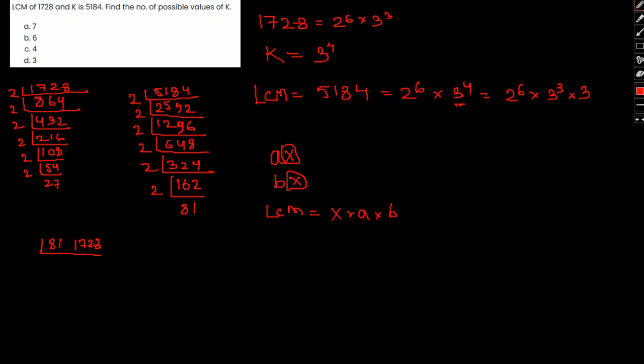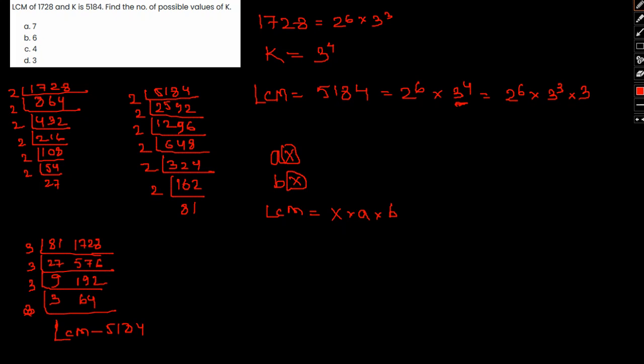It comes out to be 81 into 64, so 5184. So 3 to the power 4 will be in K.